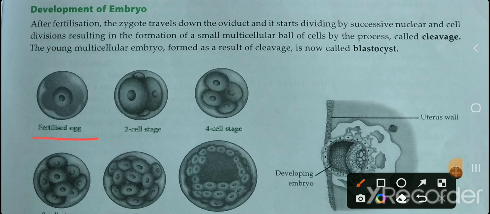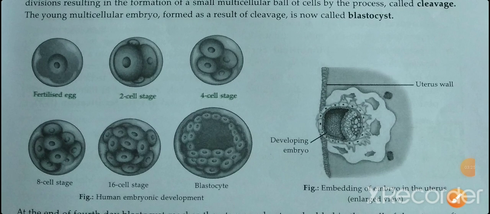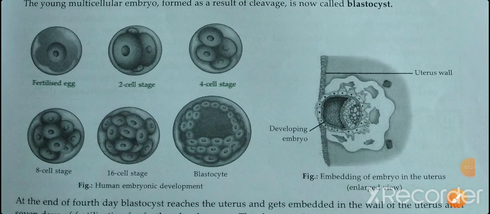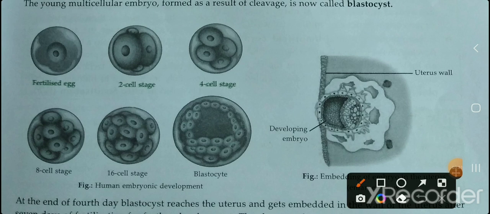We call this process cleavage: first the 2 cell stage, next 4 cell, next 8 cell and 16 cell. The multicellular embryo formed as a result of cleavage ends up with the last stage, the blastocyst.